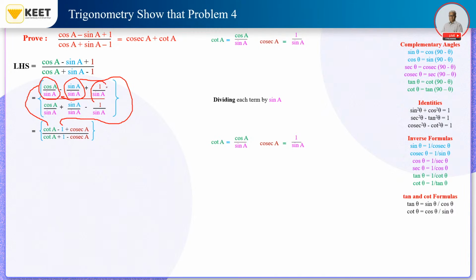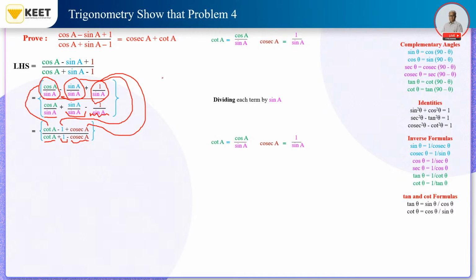And this 1 upon sin A is now becoming this cosec A. Similarly, in the denominator, I'll underline this: cos A upon sin A is becoming cot A. Then this division, I'll make a box like structure, is becoming 1 here. And then here 1 upon sin A, I will take some zigzag line. So this is your zigzag term which is becoming cosec A.